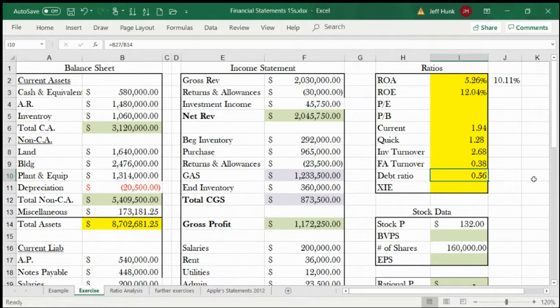Why? If you're in the airline industry, then airlines would have a huge debt proportion, right? Why? Airlines are generally heavily leveraged. Think about it.